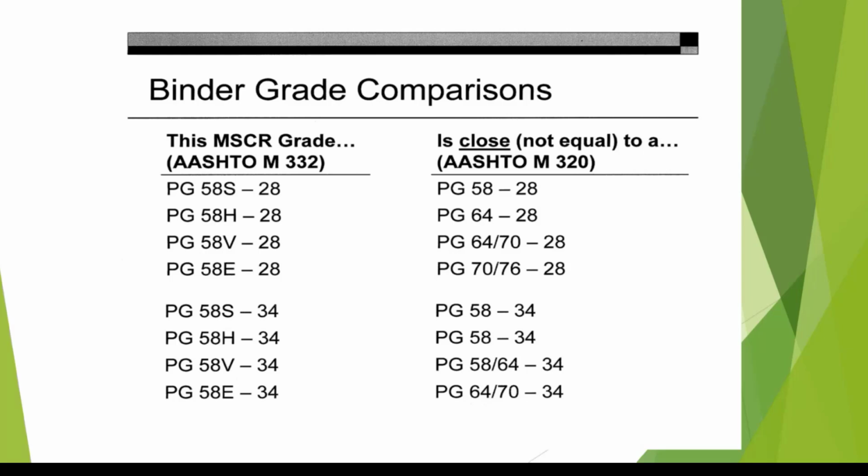So that part stays the same, but as you go up from S to E, basically you're bumping the polymer strength by increasing the amount of modification, which is typically a polymer or latex, to help with that stress-strain relationship in the binder and therefore in the mix.